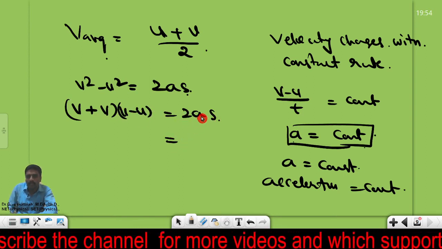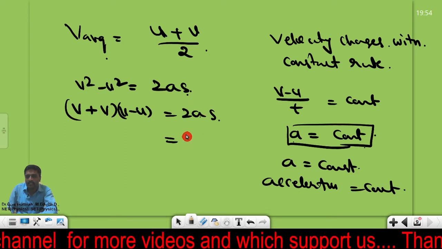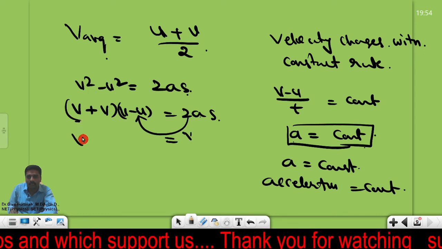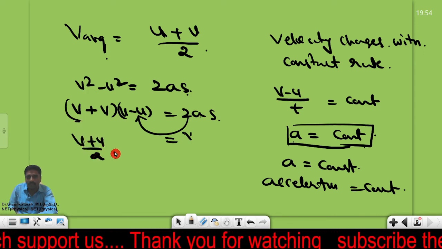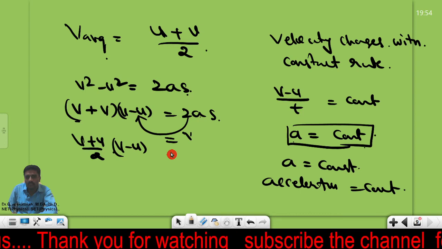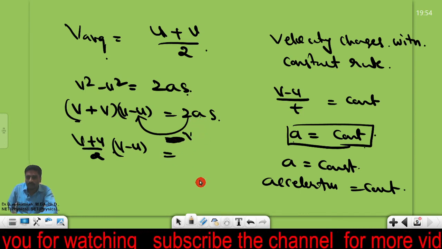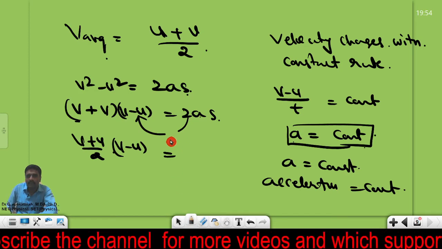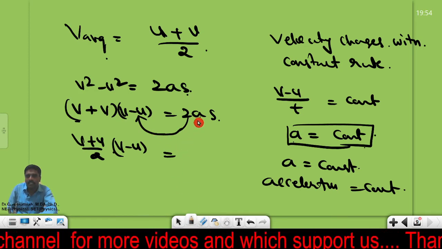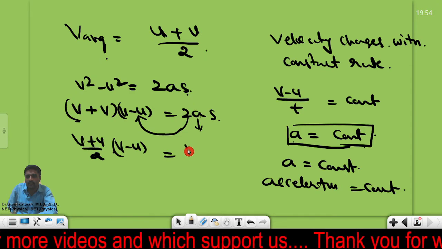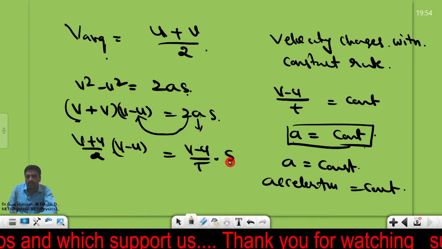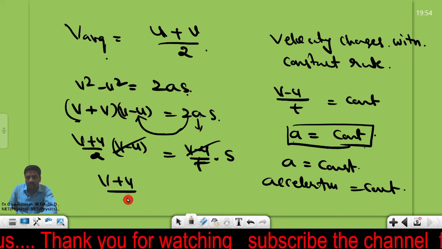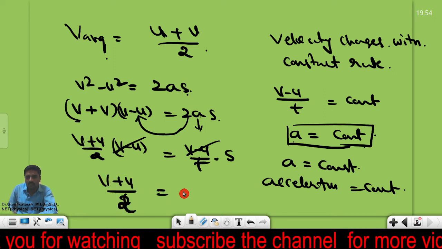Here a can be written as (v minus u) divided by t. Cancelling v minus u, we get (v plus u) divided by 2 is equal to s by t.